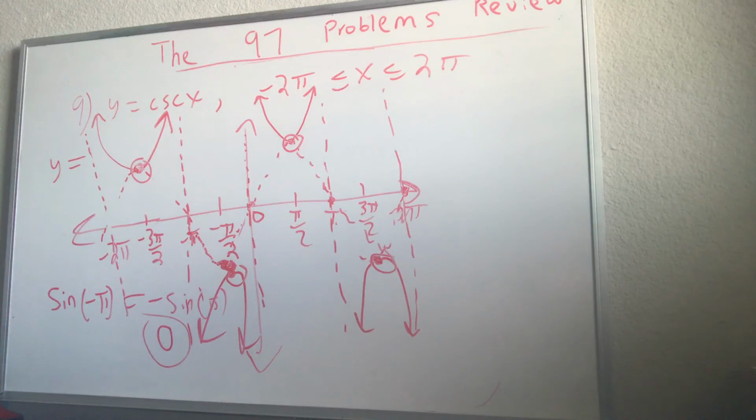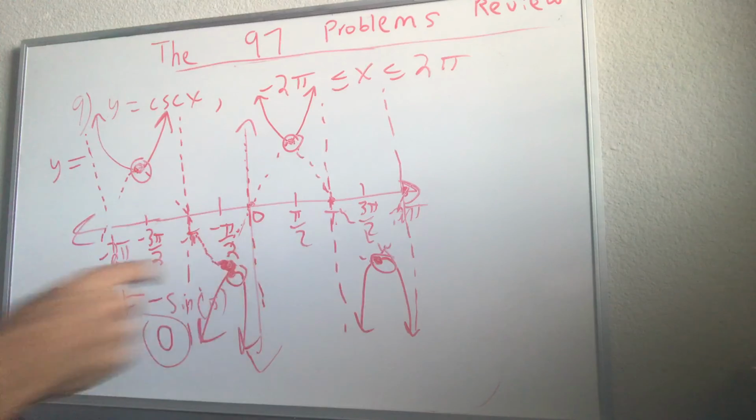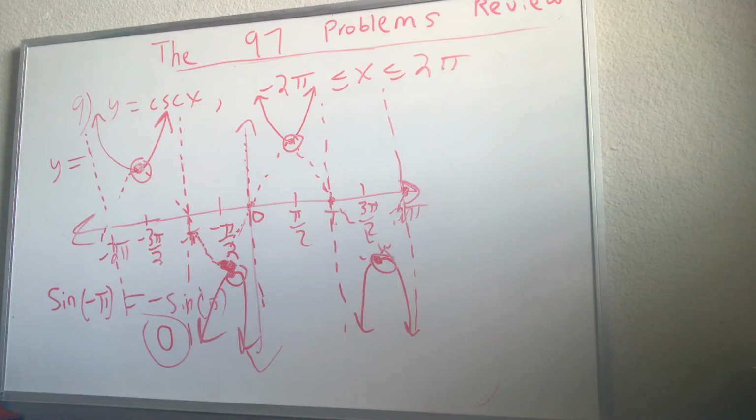The domain is the set of all real numbers, within that specified domain, such that x does not equal 0, pi, 2 pi, negative pi, and negative 2 pi, because we see there are asymptotes here. And then our range will be similar to the one we had for secant of x. Here the range is y is greater than or equal to 1, or y is less than or equal to -1. So that's the graph for cosecant of x.